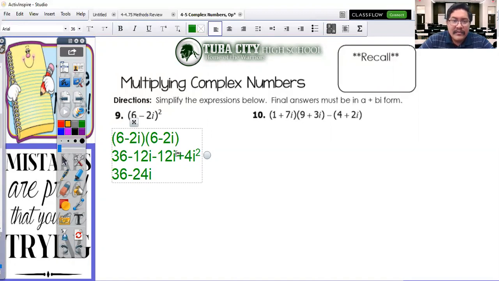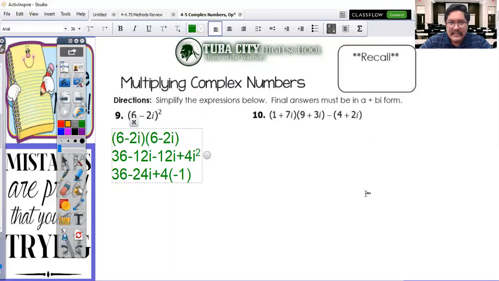When you add numbers with variables, the variable power does not increase. Sometimes I get students that'll put a square there or whatever. And over here I get 4i squared, so I'm going to put 4 and then i squared. Replace that i squared with a negative 1. It should be here again, but I don't have that there.